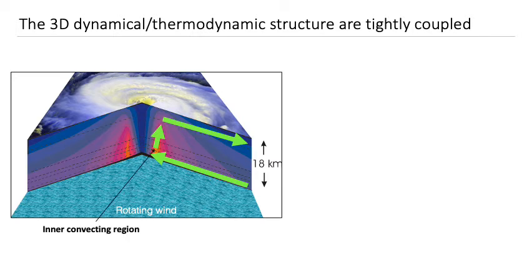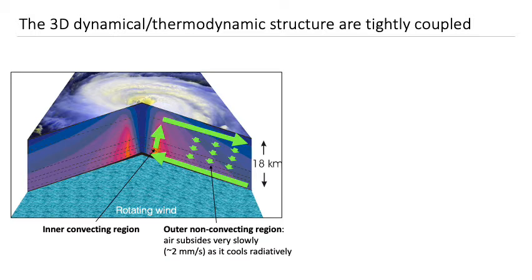You can think of this as a combination of an inner deeply convecting region where air is rising and there's lots of precipitation, and outside of this, air is very slowly subsiding. This is generally an outer non-convecting region where air subsides very slowly, something like 2 millimeters per second in the current climate, as it cools radiatively. So there's this very broad, gradual subsidence outside of this narrow, strongly convecting inner core.